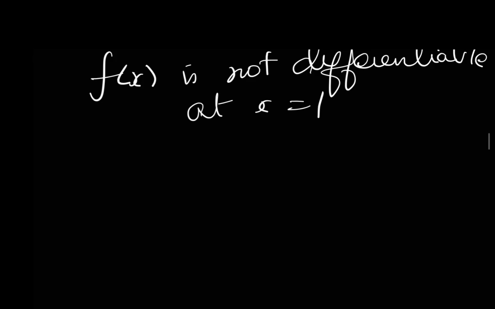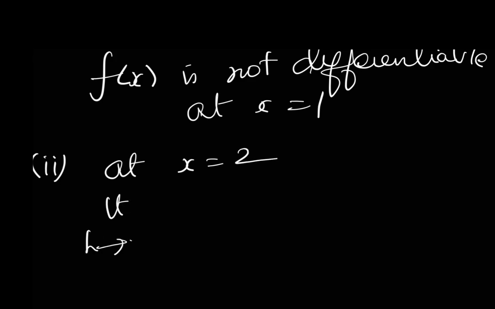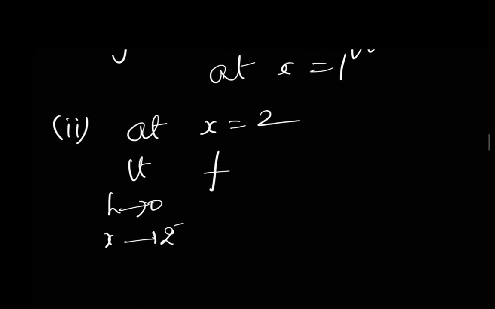Same thing you prove for x equal to 2. At x equal to 2, just directly take the limit h tends to 0, x tends to 2 minus. So the formula is f of x, where x is 2 minus, that is 2 minus h.